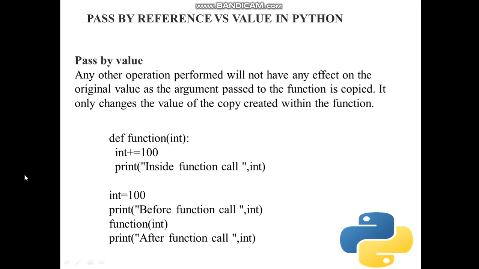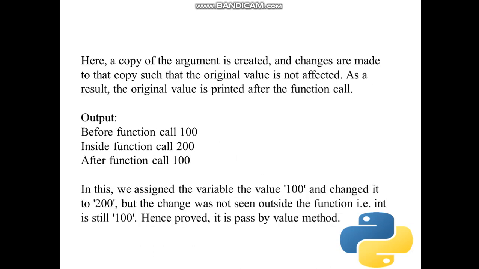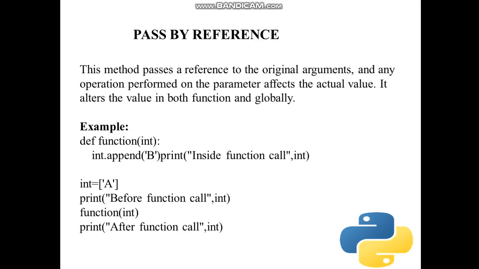Because I'm just changing the value inside the function. Outside the function our value is going to be the value which we have declared before. See the output. Before function call it is 100, inside function call it is 200, and after function call it is 100. This is called pass by value.